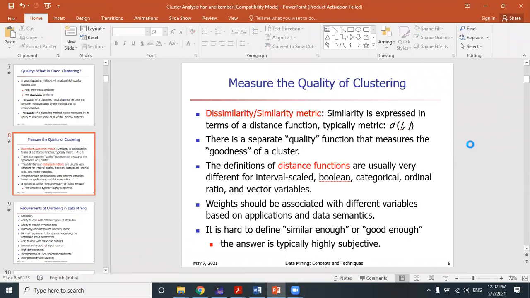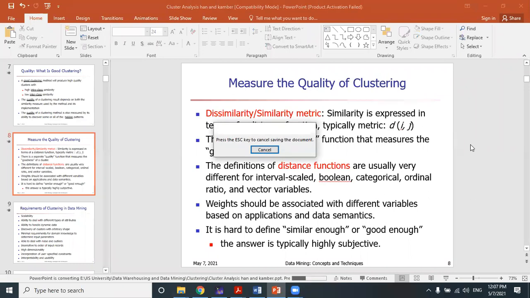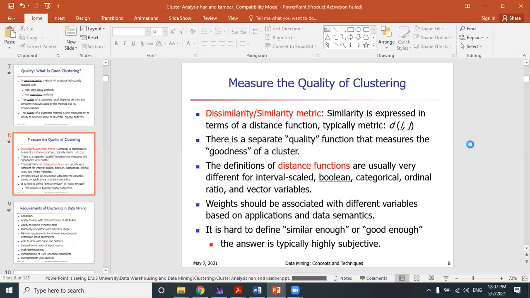There are several functions that we are going to learn to measure the distance between two objects i and j, and today I will show you those different kinds of functions. You can choose any one of the distance measure functions as per the application, or as per the needs of the objects that you have in free space.